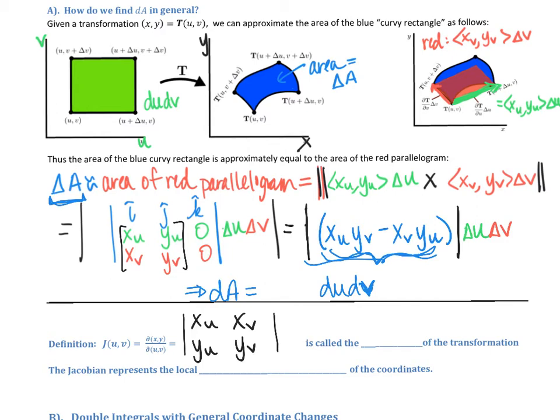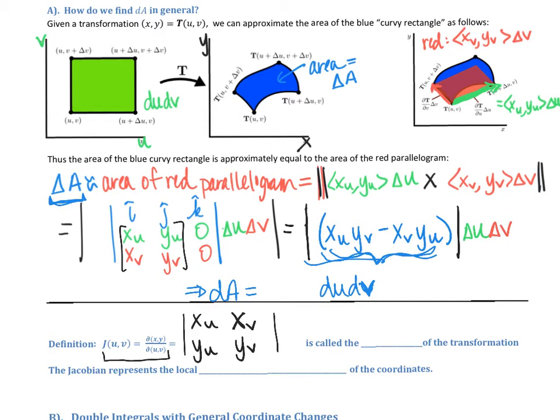And notice, when you take the determinant of this matrix, I get x sub u, y sub v, which is the same thing here, minus x sub v, y sub u, which is the same thing here. So it literally means the same thing, but we just write it a little bit differently so that it's a little bit easier and more consistent with the notation here.